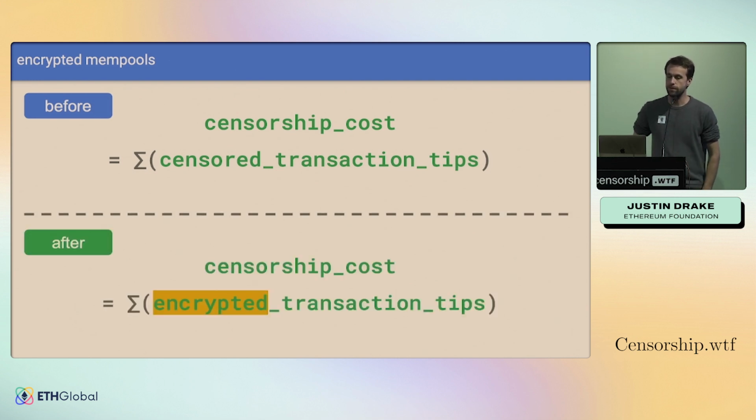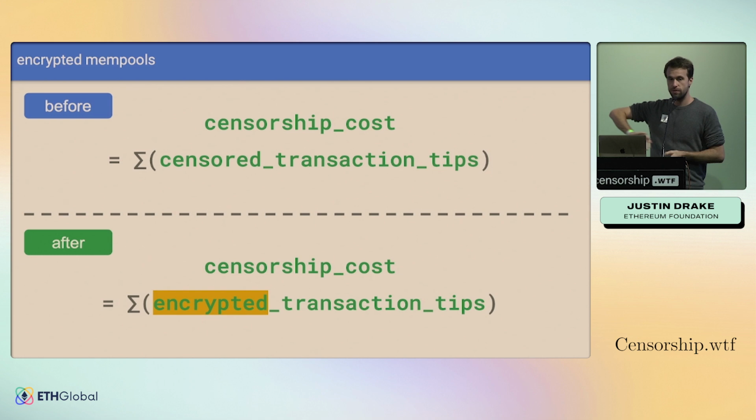But what encrypted mempools do is that they basically transform the cost to the sum of all the tips from all the encrypted transactions. And the reason is that if I want to censor, now I have 2 options. Either I include the encrypted transactions, but now I take a risk that within those encrypted transactions, one of them is a transaction that I want to censor.